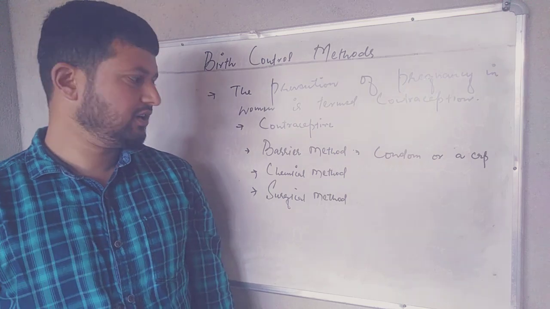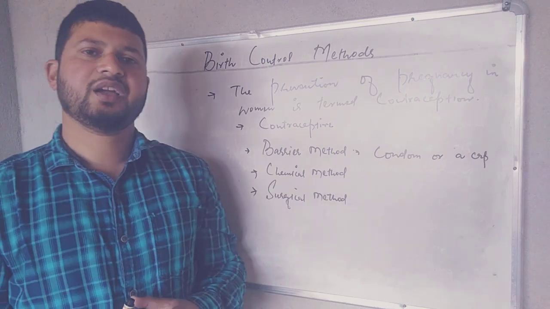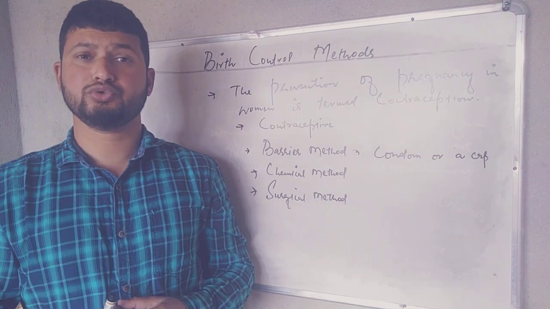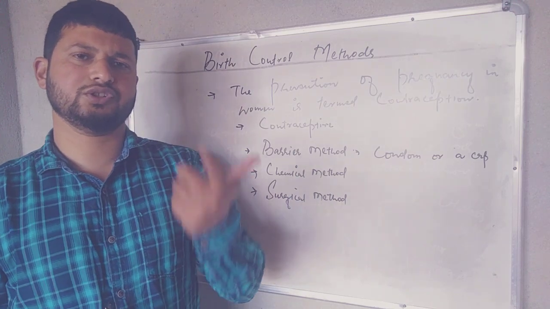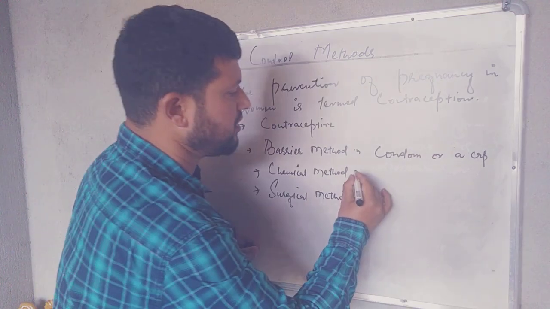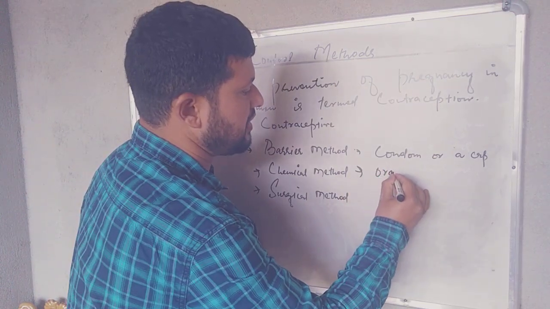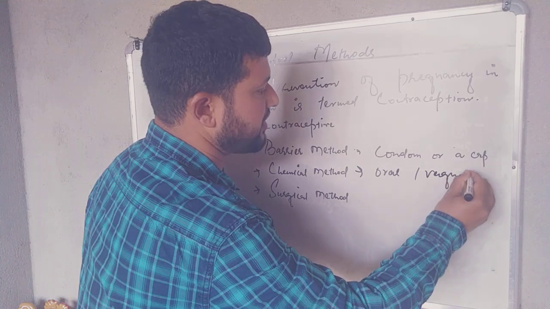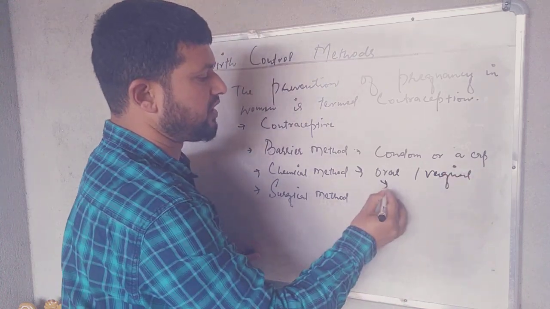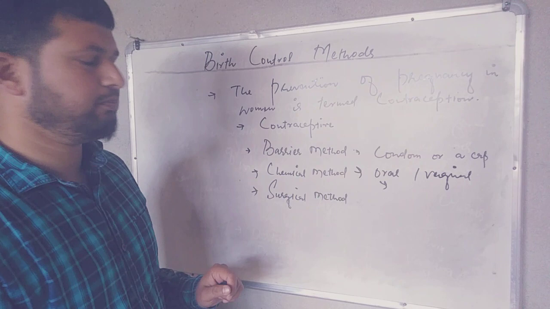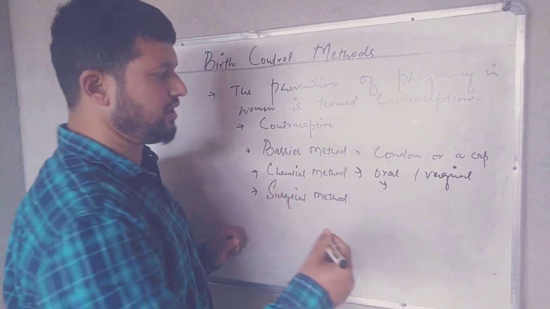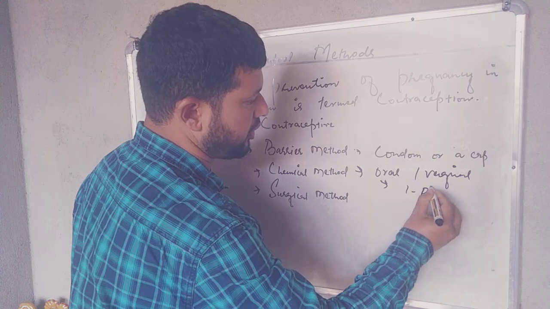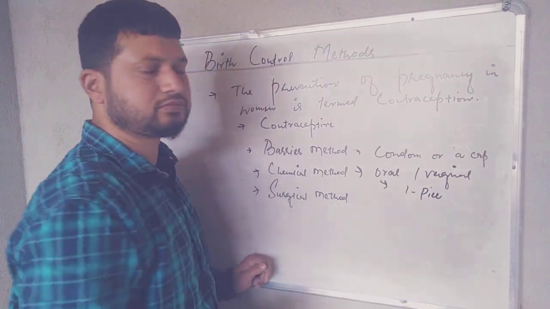sexually transmitted diseases. In chemical methods, two types of pills are used by females. One is oral pills, another is vaginal contraceptives. Oral pills are taken orally. For example, we have the I-pill or Unwanted 72.